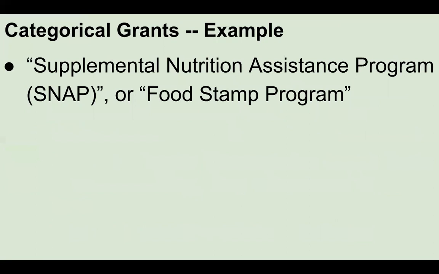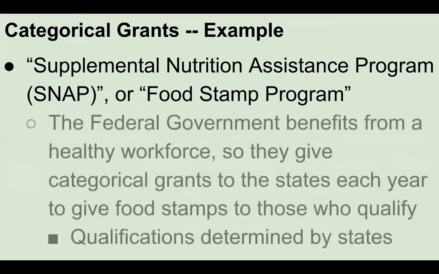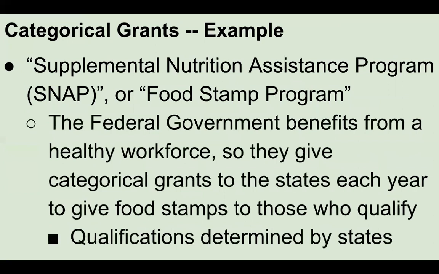An example of categorical grants, thanks to Ronald Reagan, who we already talked about, would be the Supplemental Nutrition Assistance Program, known as SNAP, or also known as the Food Stamp Program. The federal government benefits from a healthy workforce, right? If everyone in the United States is healthy and strong, then the economy is going to be better because you've got all these good workers.